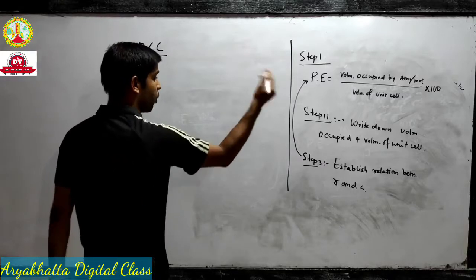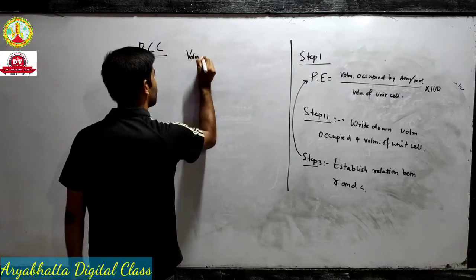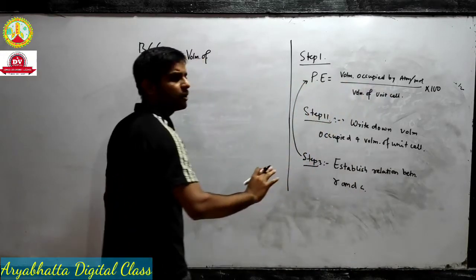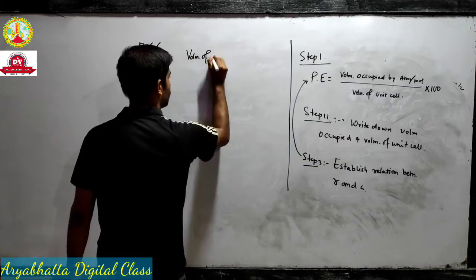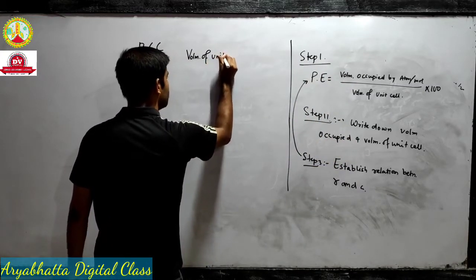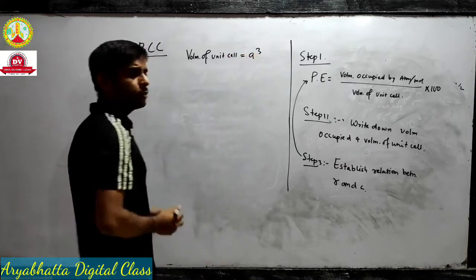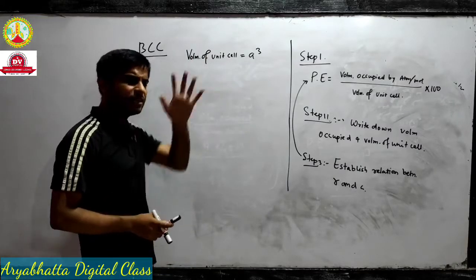The packing efficiency formula I have already written, so I am skipping step 1 and going to step 2. The volume of unit cell will again come out to be A cube, because I have taken A as the edge length.